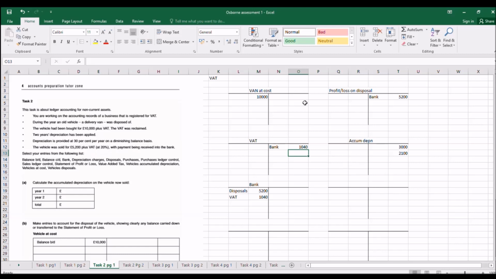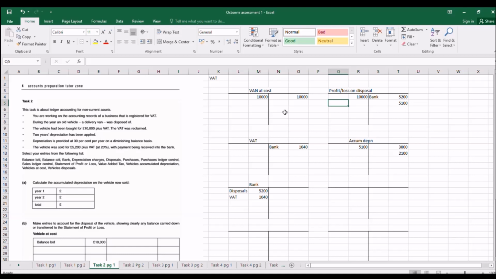And now we're going to finish off our disposals, as I'm assuming we're going to have that. So we will be crediting the van at cost and debiting the disposal account. And we're going to debit the cumulative depreciation 5,100. And we're going to credit the disposal account. And you'll see that we'll have a difference here. So this one's higher than that one, so we got more in than the value of the business.